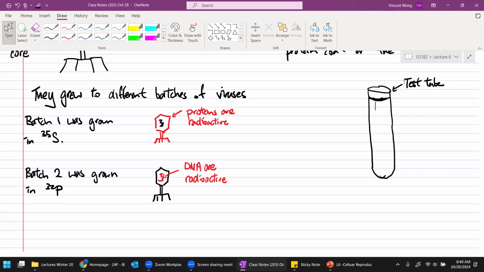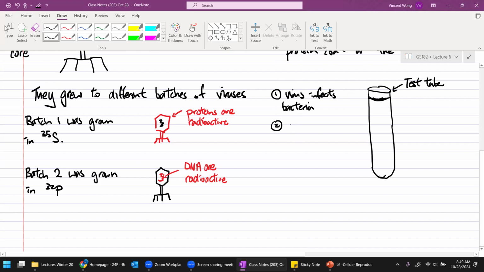Okay, so having said that, they let the virus infect the bacteria and then they spin it down. Do you expect the bacteria to be at the top or at the bottom based on what we just discussed? Exactly. Okay. So, number one, virus infects bacteria.